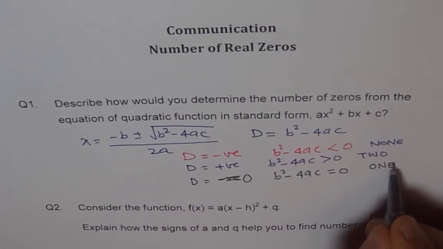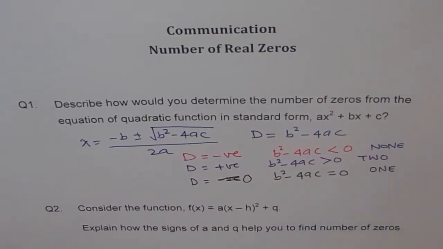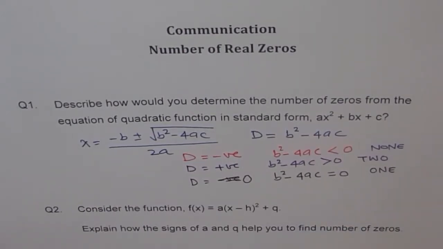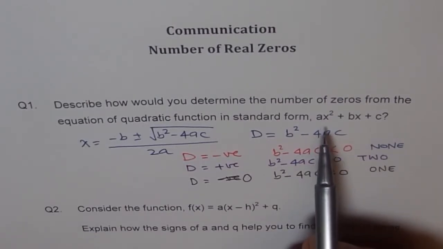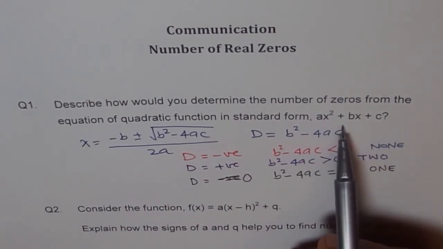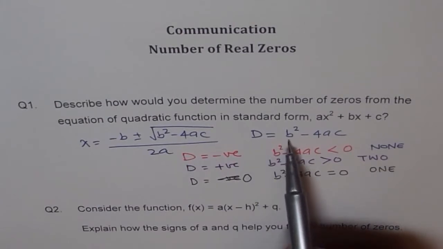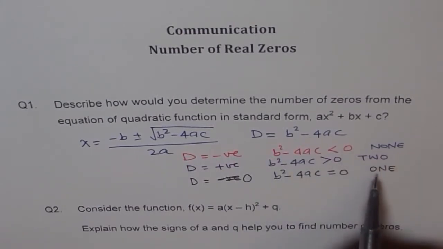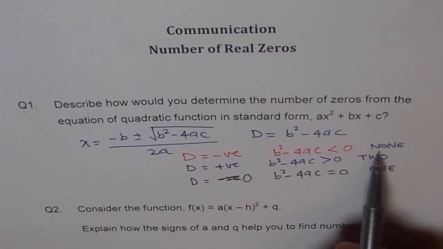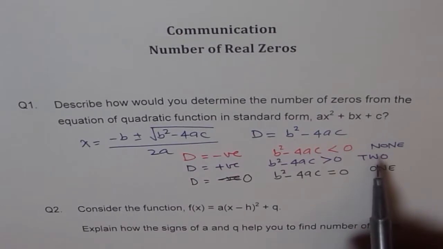Do you agree with me? So just one solution. So the number of solutions from a given standard form of quadratic function is very simple. Just find the discriminant. If it is 0, one solution. If it is positive, two solutions. If it is negative, no solution in the domain of real numbers. Remember that, okay? That's it.